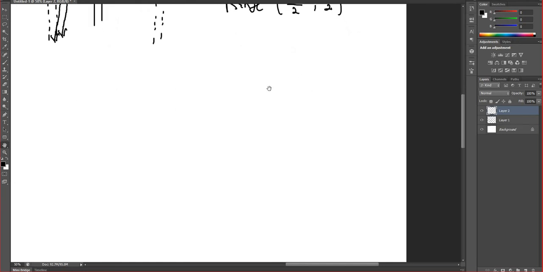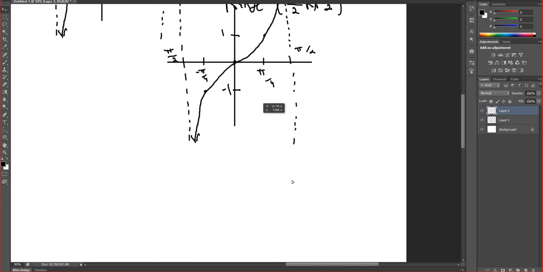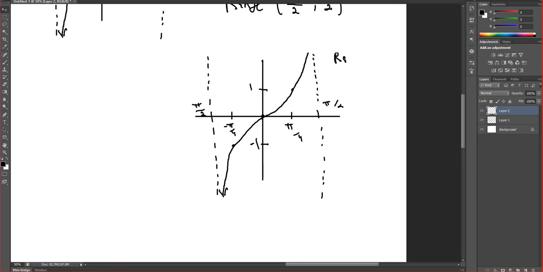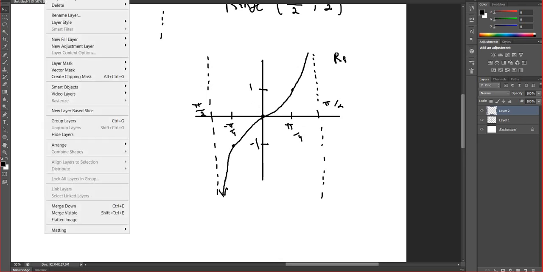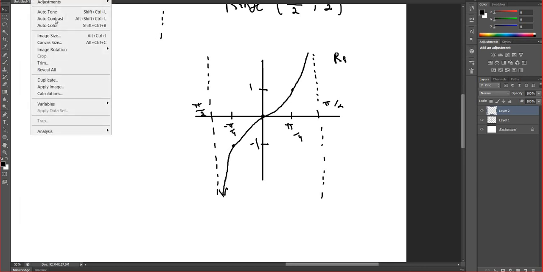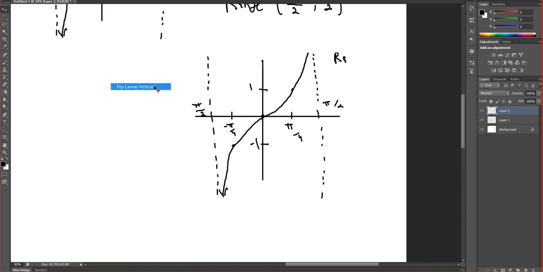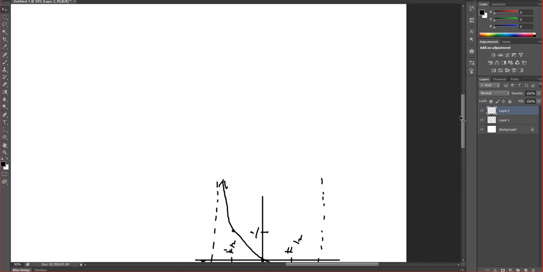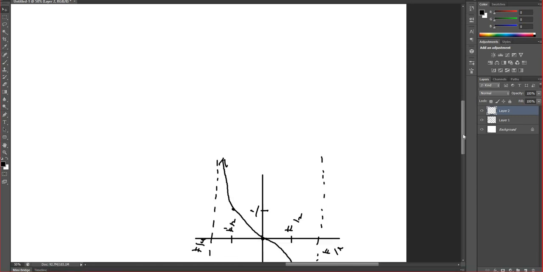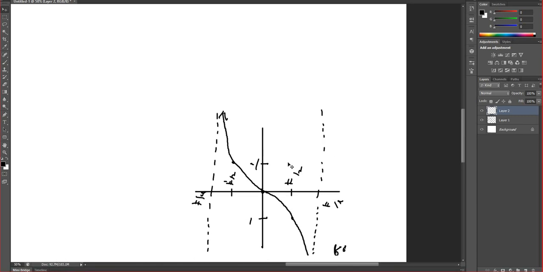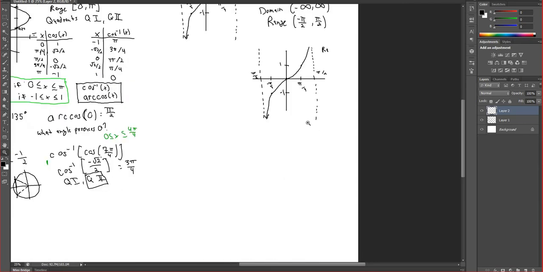After this, I'm going to go fix a graph. So for my graph for tangent inverse, I need to transform this. I need to flip it about the vertical. Oh, I did the wrong thing.